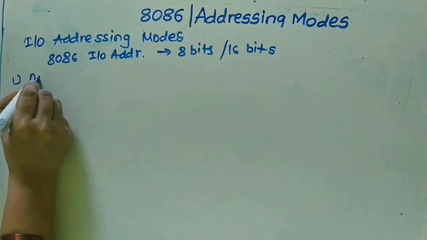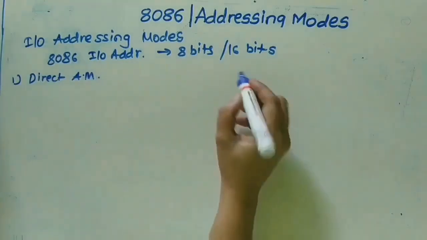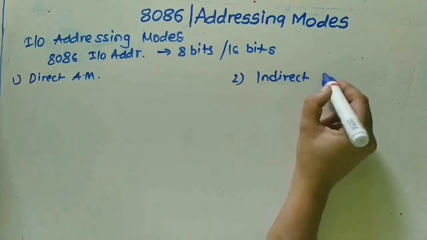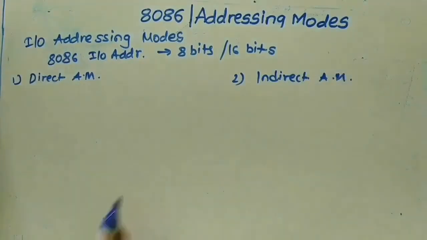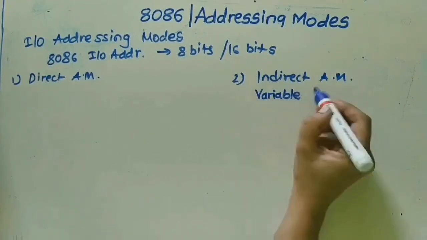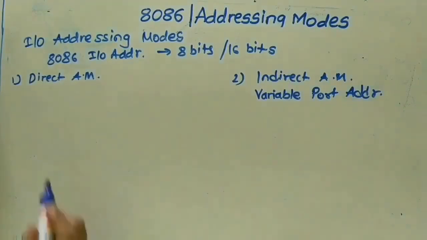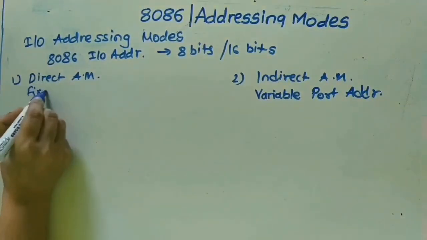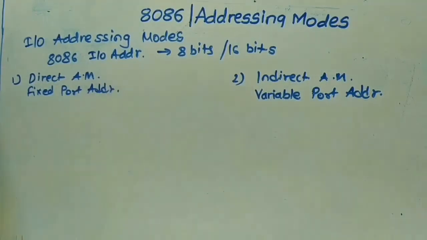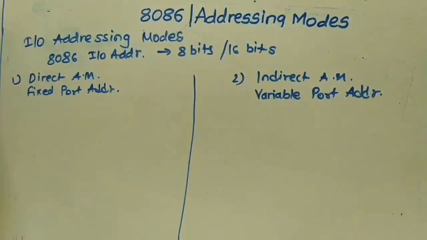First is direct addressing mode, also called fixed port addressing, and the second one is indirect addressing mode, also called variable port addressing. Now we'll see first of all the direct addressing mode.